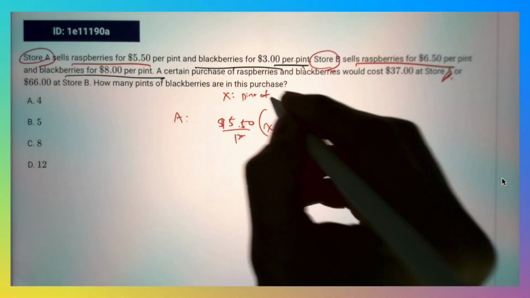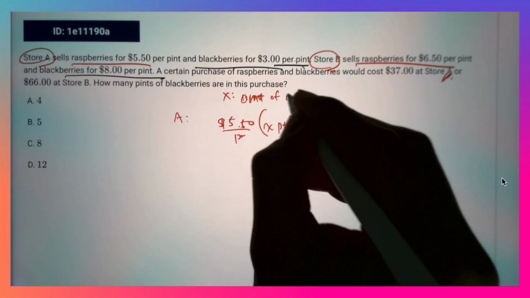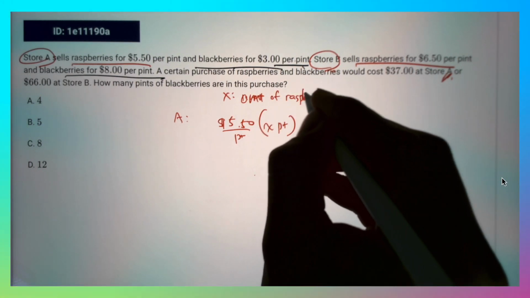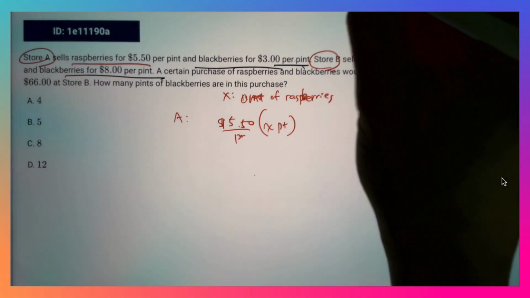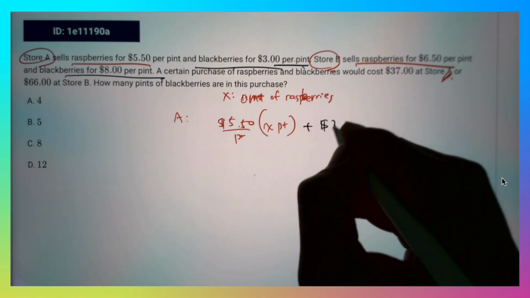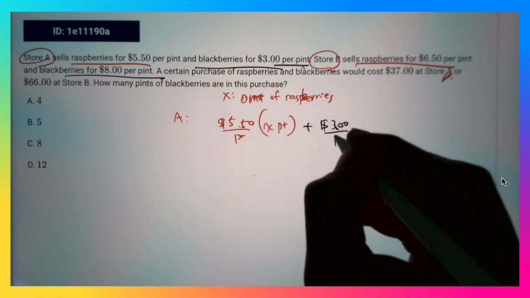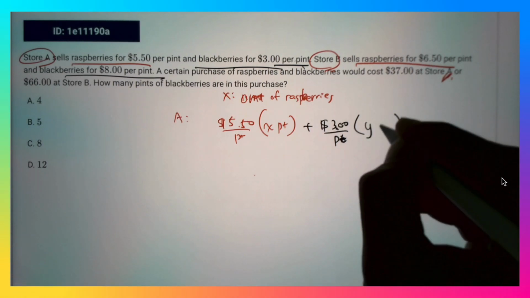Or let's just say amount of raspberries. Okay, so we got x pint, and then we got the blackberries, $3 per pint, and we're gonna call it y pint.